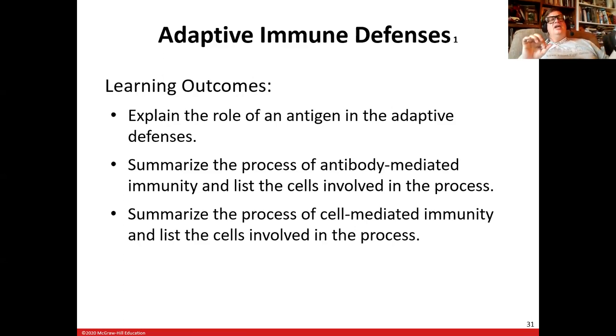An antigen is something that can generate an immune response. It can cause the immune system to ramp up and fight. The antigen is usually something that doesn't belong in your body. I shouldn't say usually, it is something that doesn't belong in your body.